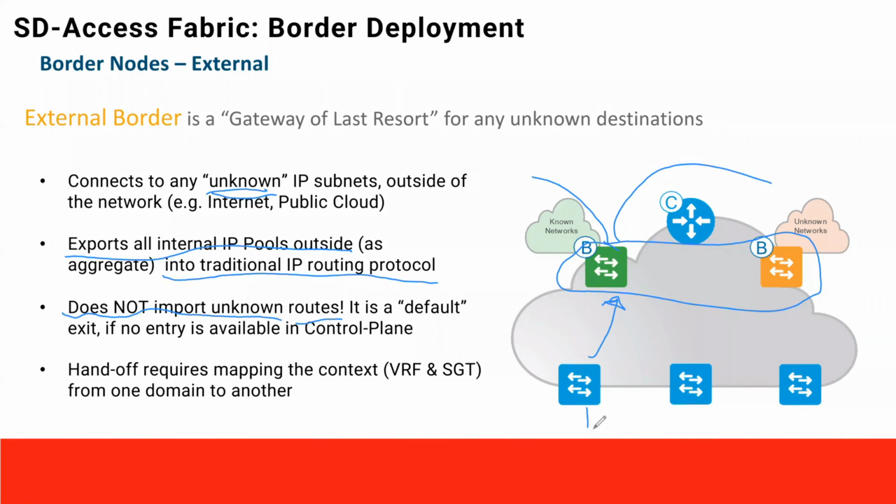If any IP is not found by the control plane node, the default exit will first be tried with known networks. If no IP subnet is found in this specific border for the known networks, it will exit via the unknown networks. This decision is taken based on the subnet or the destination IP. What exactly is it? Is it a public IP, or where exactly does the user want to go?